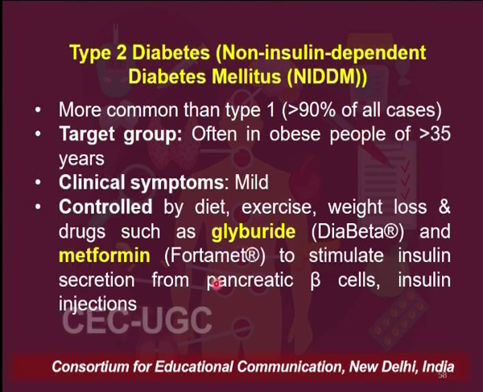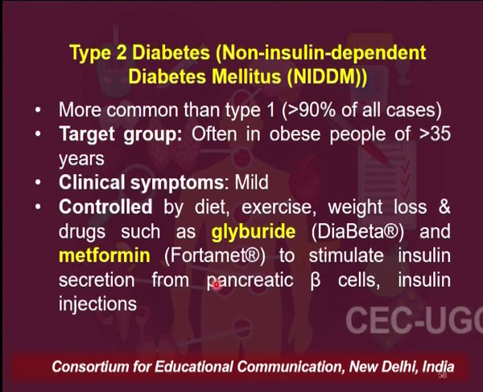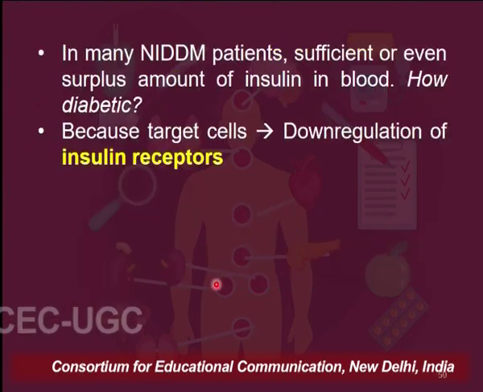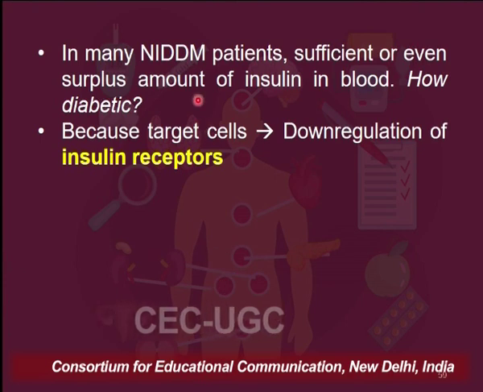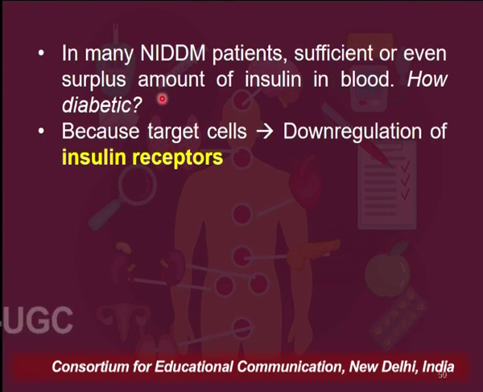Metformin is a very common drug which stimulates insulin secretion from pancreatic beta cells. And the last option is insulin injections also, if the blood sugar level is not getting regulated. So, in many of such patients there is sufficient or even surplus insulin in the blood. And you must be wondering then why they are diabetic.